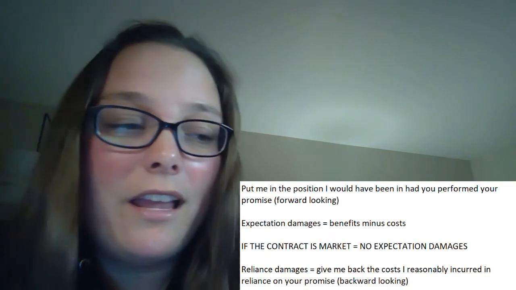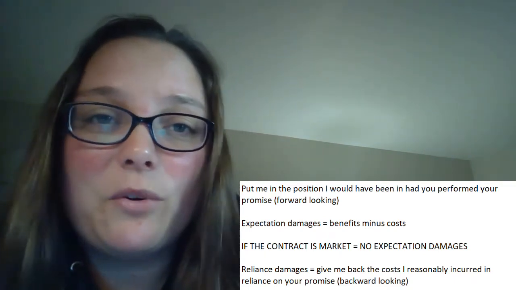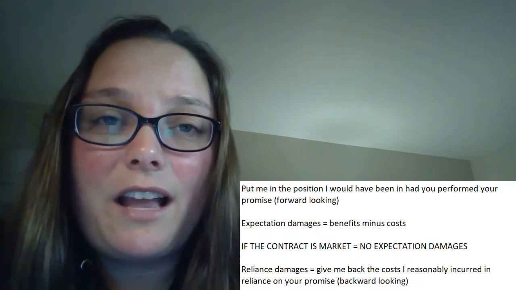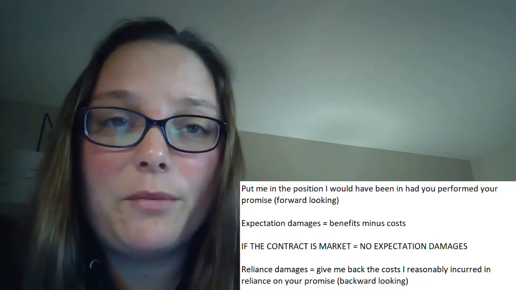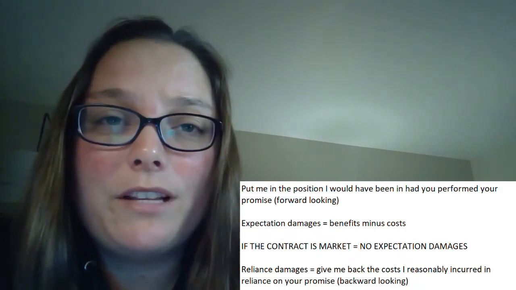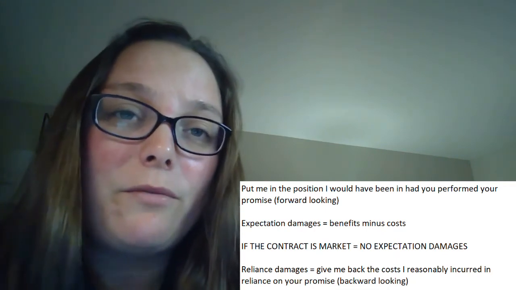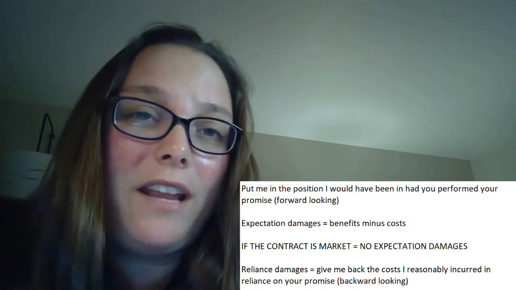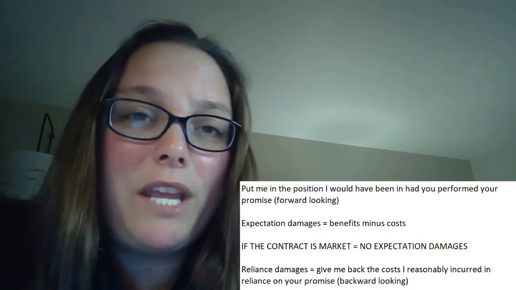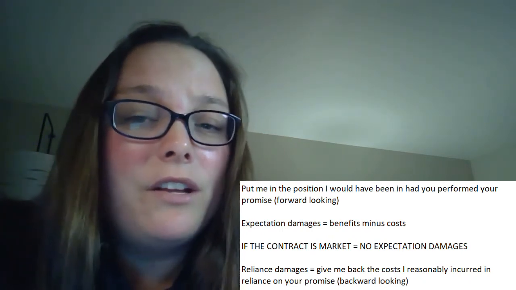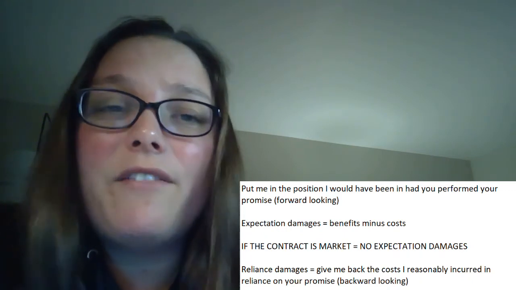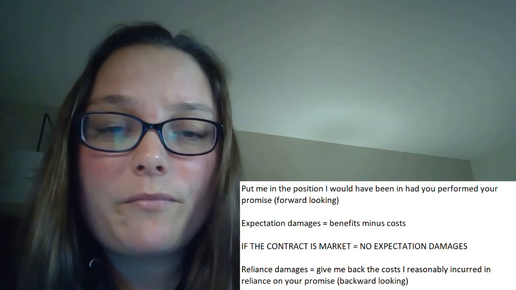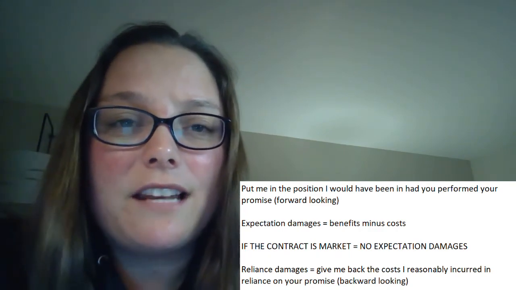So if we enter into a contract and I have to incur a whole bunch of costs before you fulfill your promise and you don't fulfill your promise, I may be able to sue for reliance damages and say, hey, it cost me $5,000 to get everything ready for you to perform your piano recital, and you never did. So give me the $5,000 that I've expended in reliance on your promise. So let's take a look at these in action.